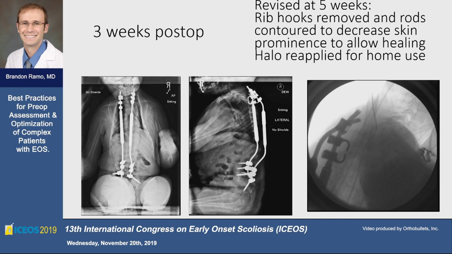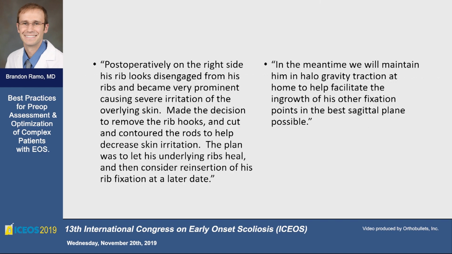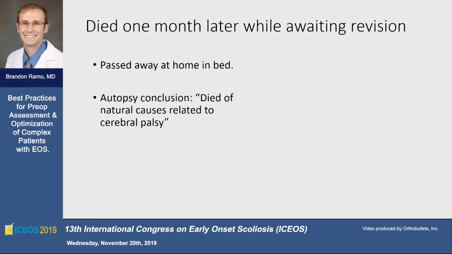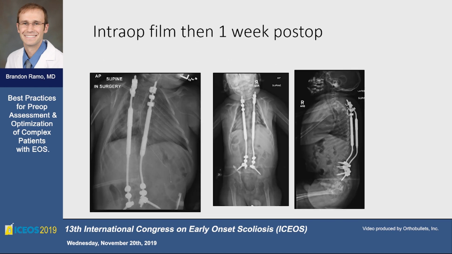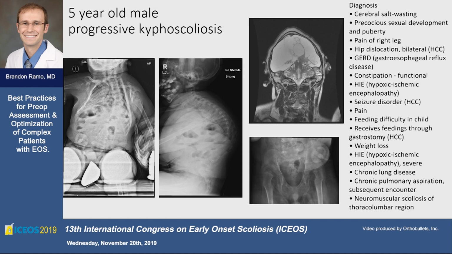Then in the interim, while he was at home in the halo, he was found down in his bed one night, and the post-mortem said he died of natural causes related to his cerebral palsy, without any comments on whether this was related to the surgery. This was sometime after his previous surgery, so it was unlikely to be directly related to the surgical procedure, and more likely just his general medical condition. So we've made some changes as a result of patients like this.